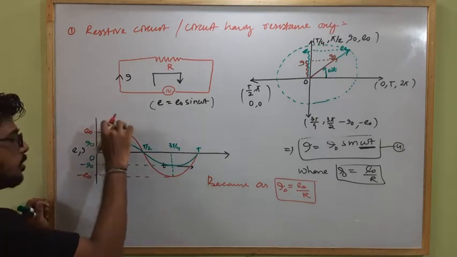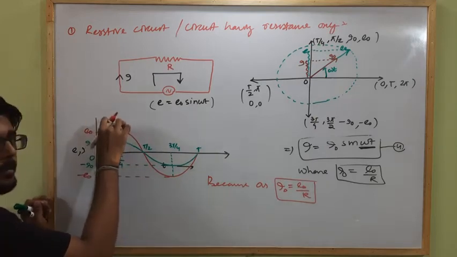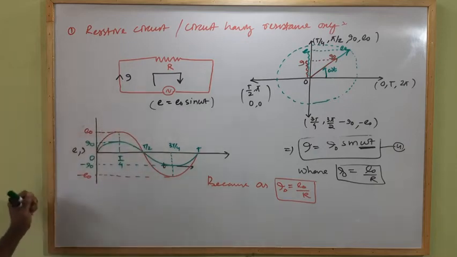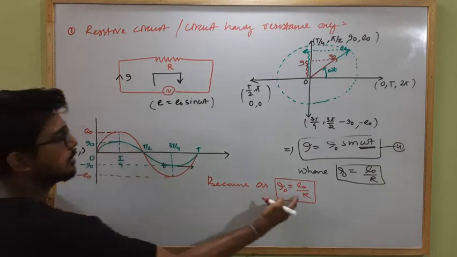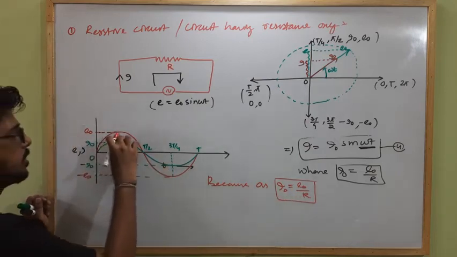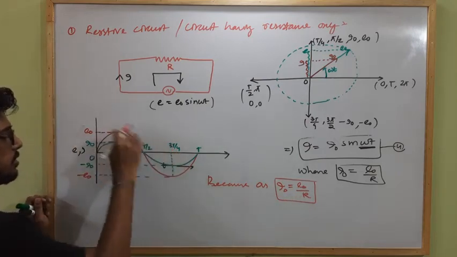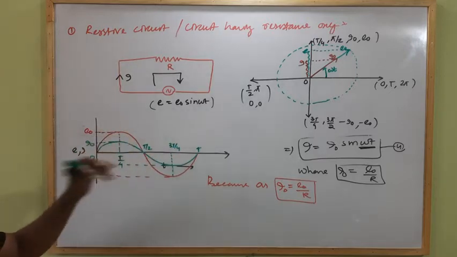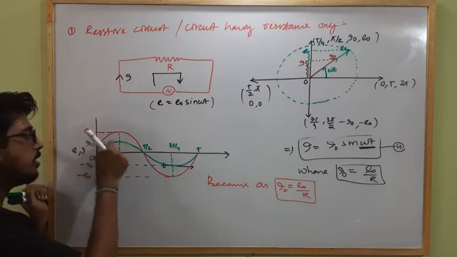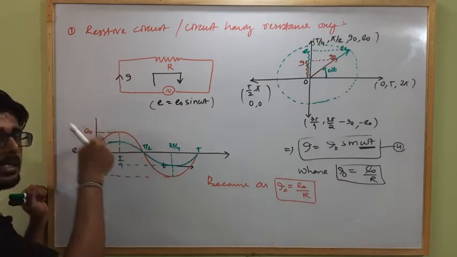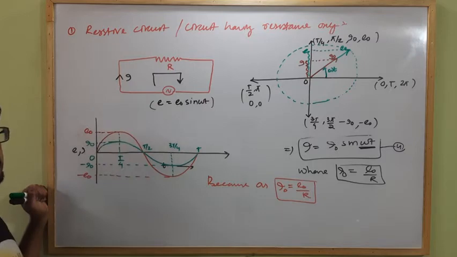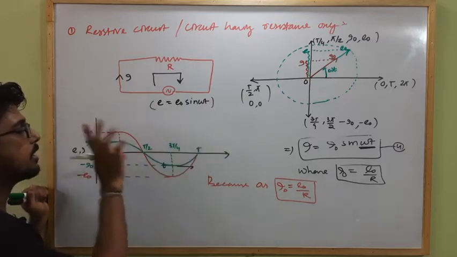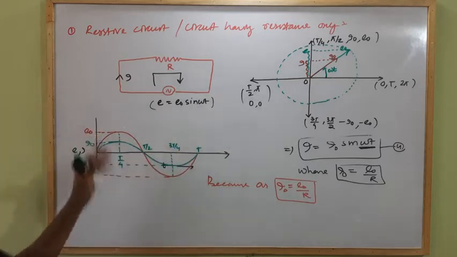That's why the peak value or amplitude of alternating EMF is larger than that of alternating current, which is reduced by the resistance, R times. That's why the peak value here is compressed in comparison to the alternating EMF. Both are in the same phase. That means when the value of the alternating EMF is maximum, at that instant the value of alternating current is also maximum. When the alternating EMF is 0, at that particular instant the alternating current is 0, as both are in the same phase.